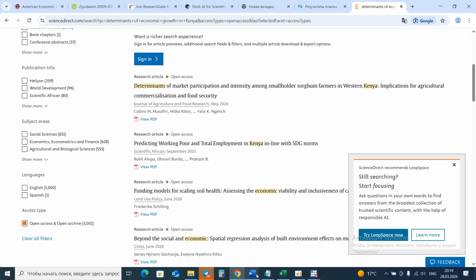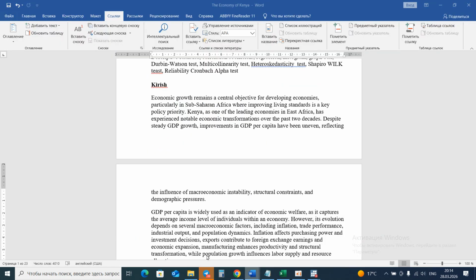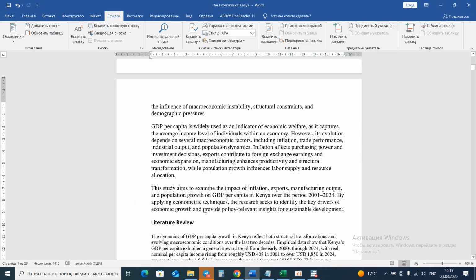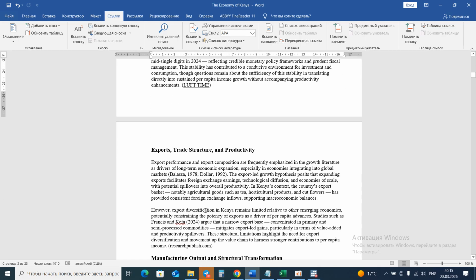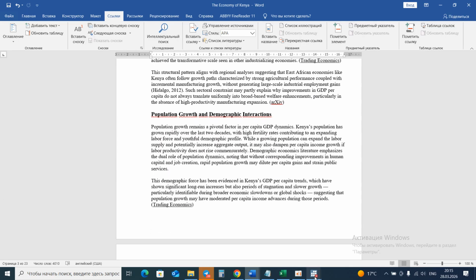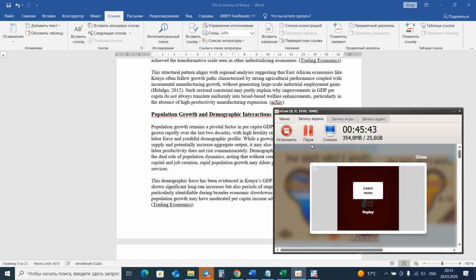Find the ones that you prefer or like and also put them here. And only after that, if you click on insert bibliography, it will give references itself.